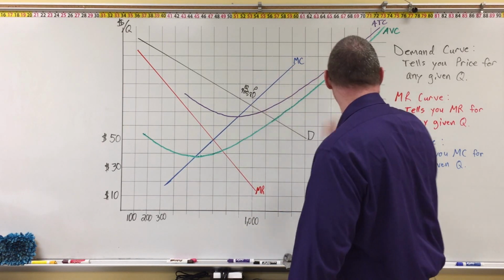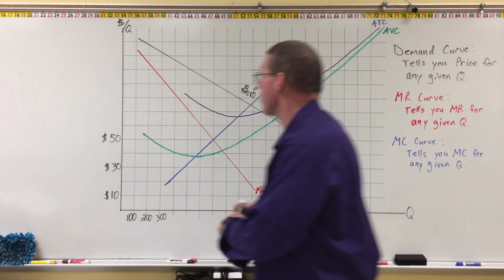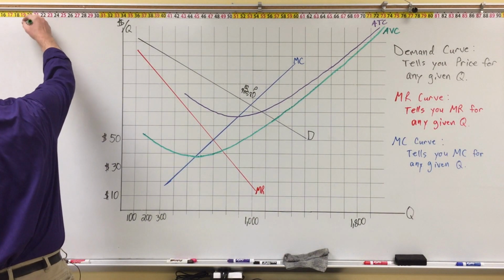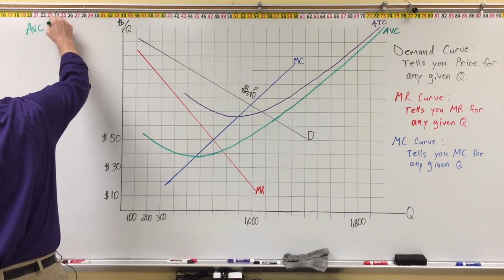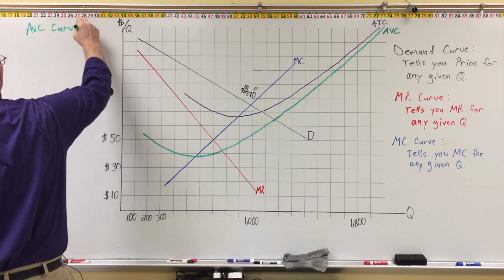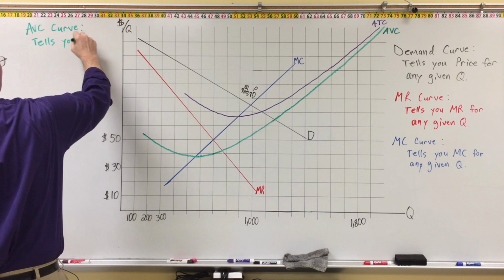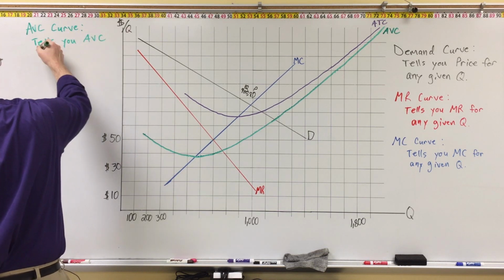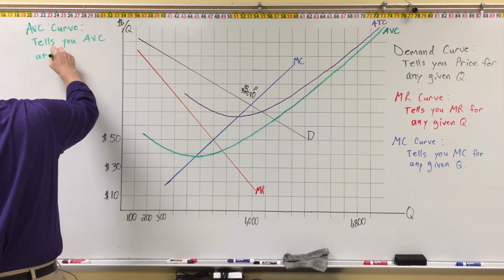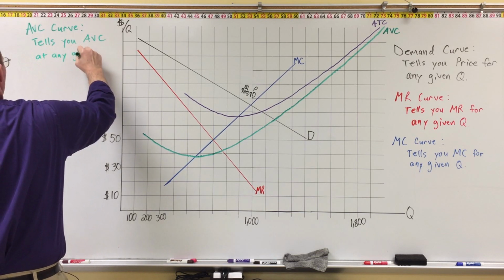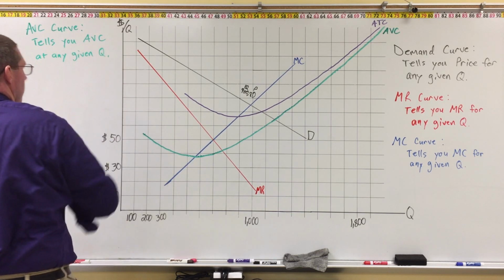And then it's the same thing for average total cost and average variable cost. The average variable cost curve, AVC curve, guess what that tells you? That tells you the average variable cost at any given quantity. All right?